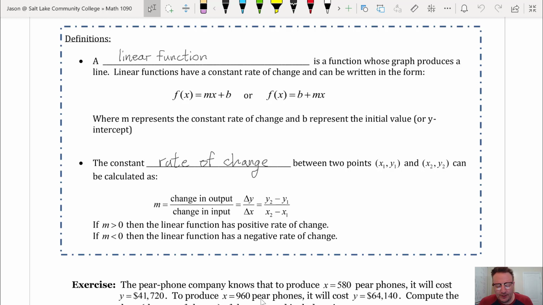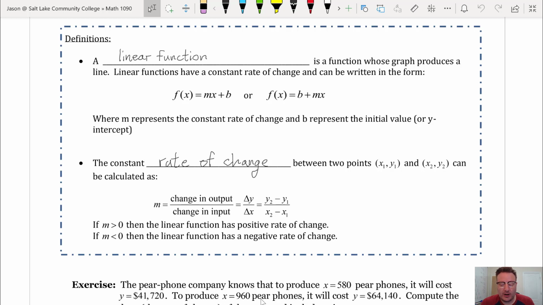But anyway, what about that slope, that m? Well, that m is called the slope, or a constant rate of change. Okay? And so the second definition here is the constant rate of change between 2 points, (x1, y1) and (x2, y2), can be calculated as the ratio between the change in output to the change in input, or we often use the Greek letter delta to represent the change.